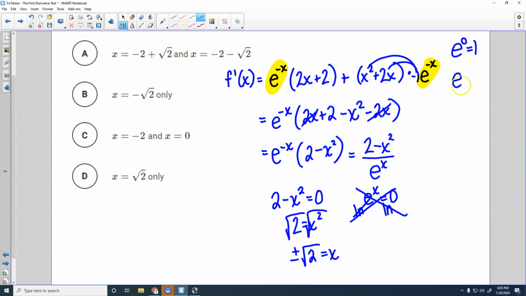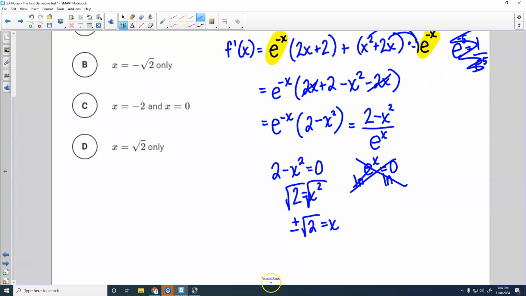And even if we plug in negative numbers, like negative 5, that really is just 1 over e to the 5th, which is a really small number, but it's not 0. So you will not get anything from that. If you have a piece that's just e to the x, most of the time that's what happens. If it's e to the x plus 7 or something like that, it might be different. Okay, so our critical points are plus or minus square root of 2.